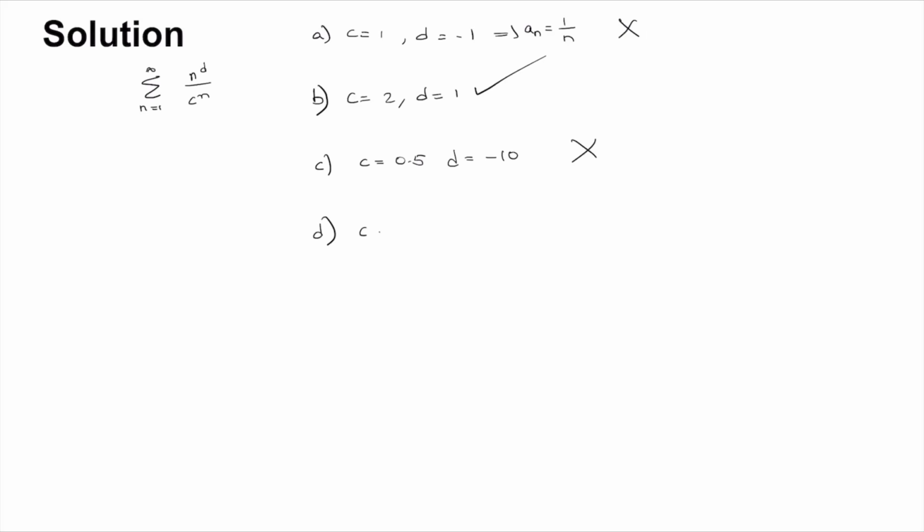Option D is C equal to 1, D equal to minus 2. So we get summation n equal to 1 to infinity a n is equal to n power minus 2 by 1 power n, which is 1 by n square.